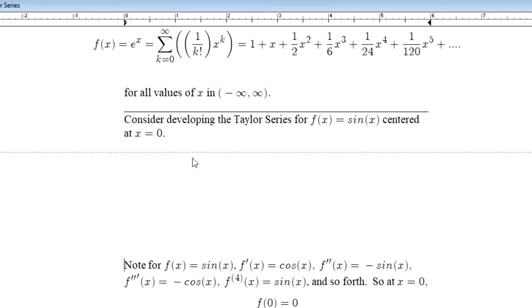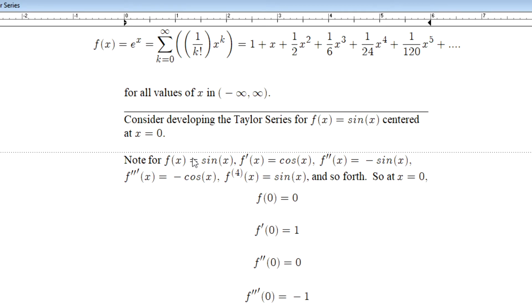If we do that, we will note that, first of all, for f of x equal to sine x, the first derivative of f would be cosine, the second derivative would be negative sine, the third derivative would be negative cosine, and the fourth derivative would be sine. Then the fifth, sixth, seventh, and eighth derivatives would all cycle back through these first four results again, and that would continue on indefinitely.